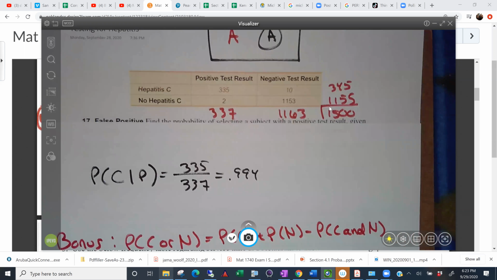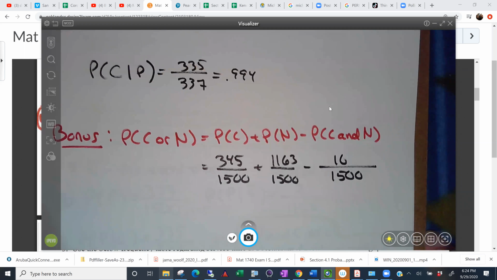How many of those are there in this table? 10.